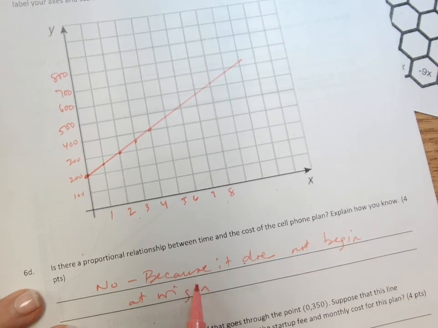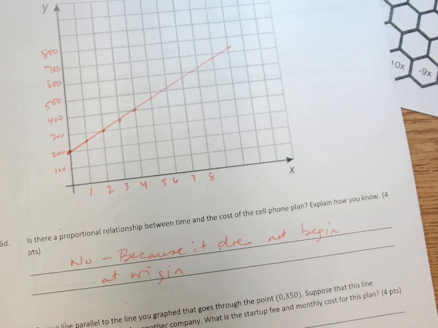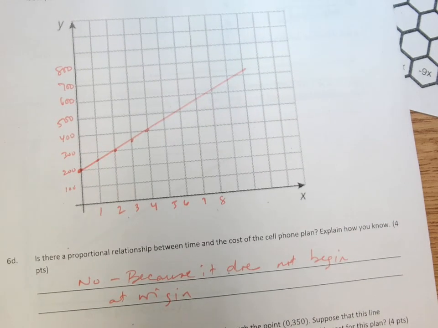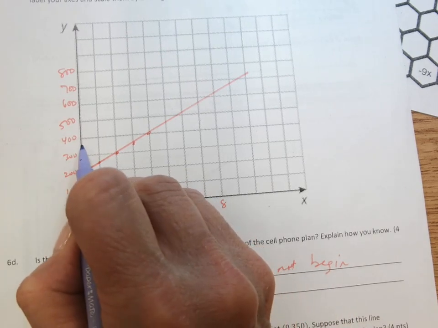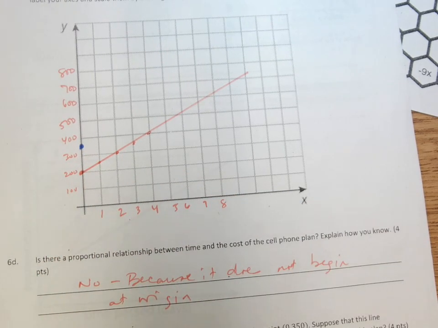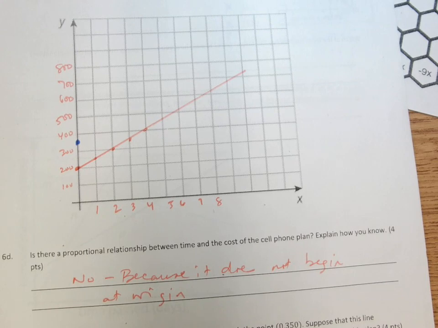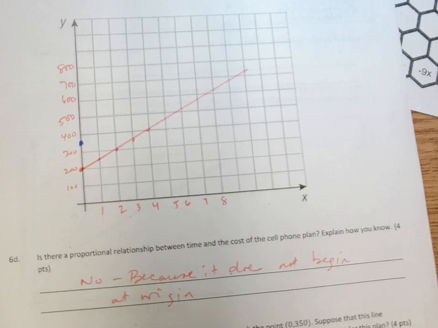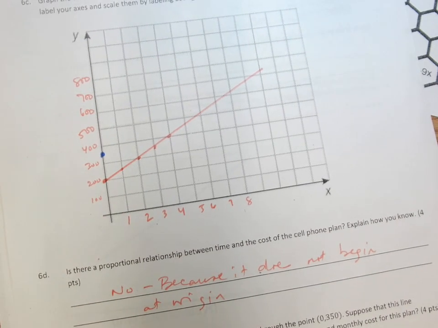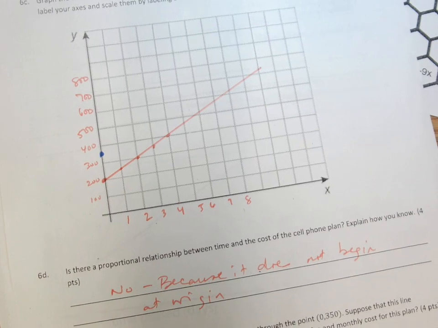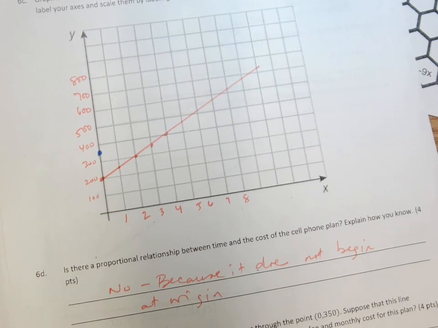Then it says to draw a line parallel to the line you graphed that goes to the point 0, 350. So that means this graph is going to start here. So it says, suppose that this line represents the pricing plan for another company. What is the startup fee? That's $350 to start. And then the monthly cost is going to be $50 per month.